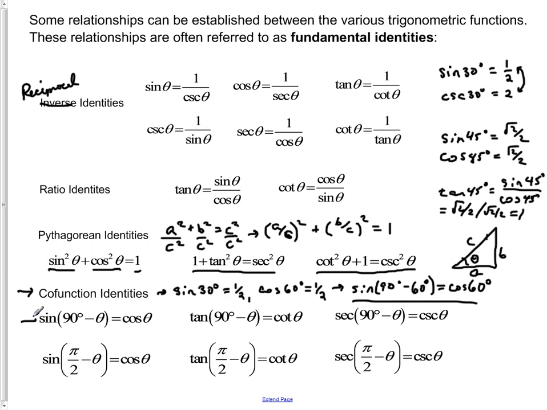So sine is a cofunction with cosine. By the way, pi over 2 minus theta also gives us a complement for theta. Tangent of 90 minus theta is equal to cotangent of theta. Tangent and cotangent are cofunctions. Secant of 90 minus theta is equal to the cosecant of theta. Secant and cosecant are cofunctions as well.